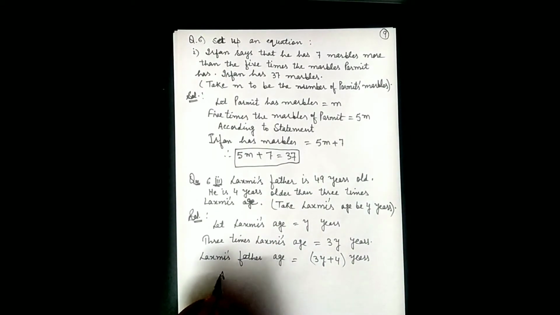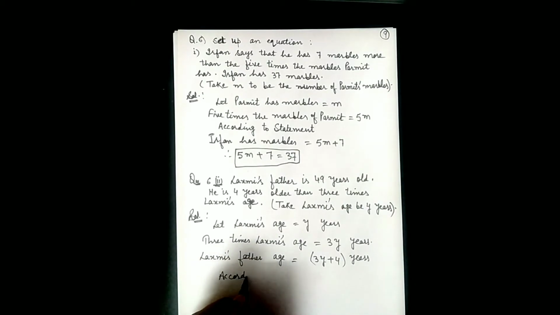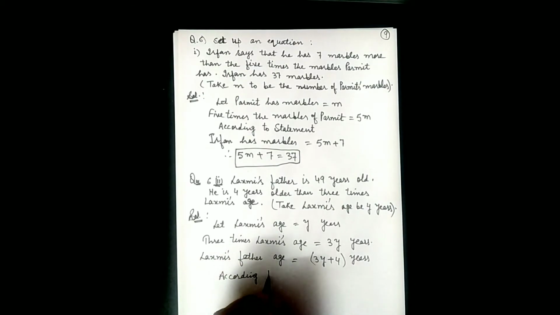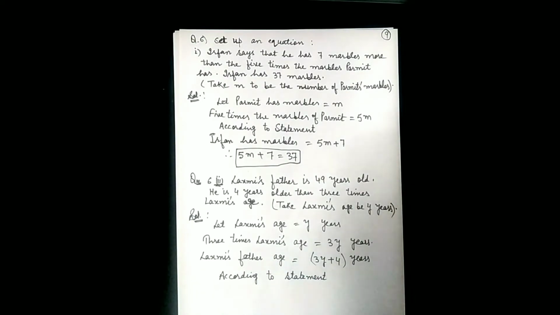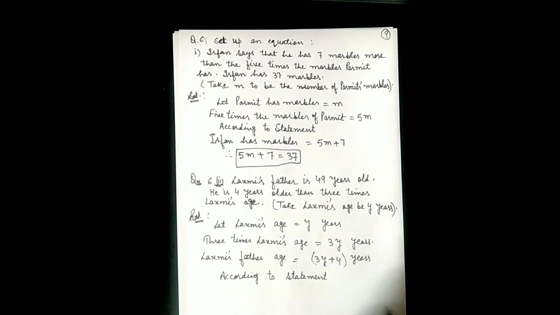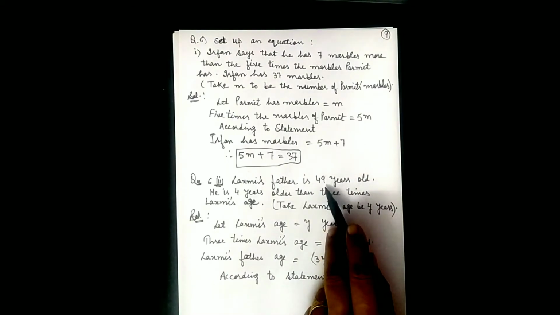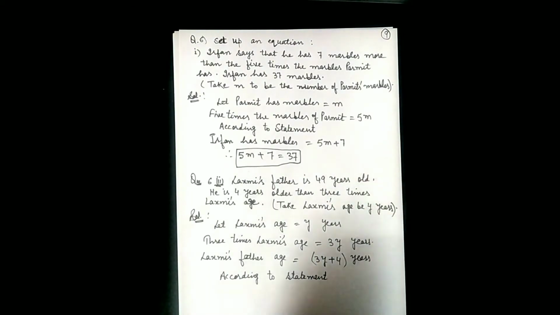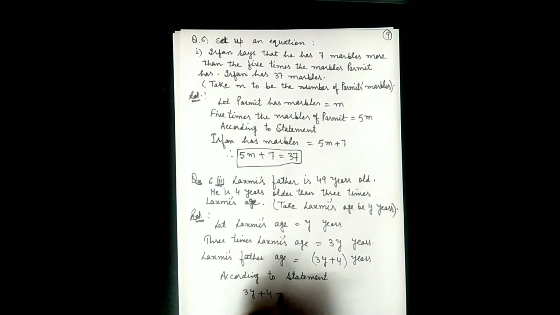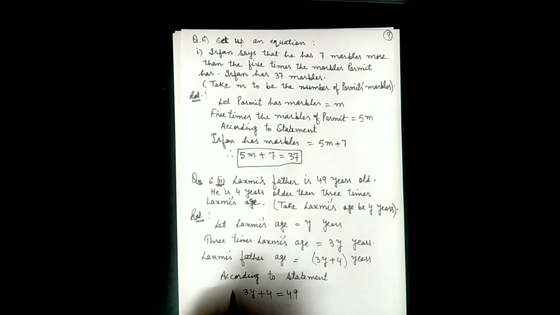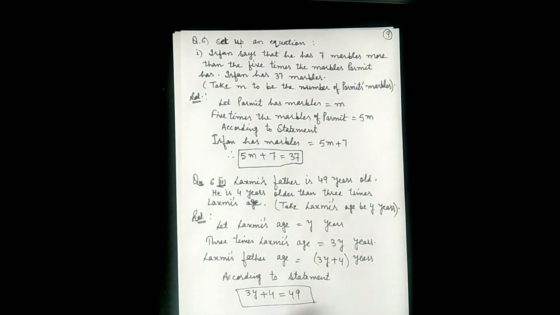Now according to statement, this is Lakshmi's father's age, and also Lakshmi's father's age is given 49 years. So equate them. 3y plus 4 is equal to 49. This is your answer.